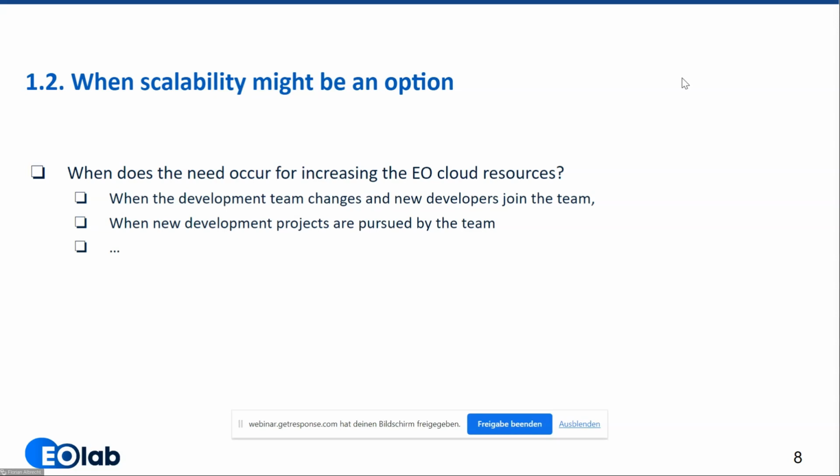Or you get more projects, bigger projects, you try to do more processing. That would be the second option. I think you can imagine more reasons to scale your resources.